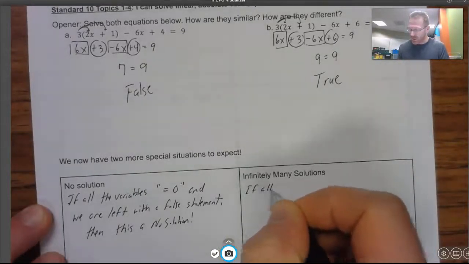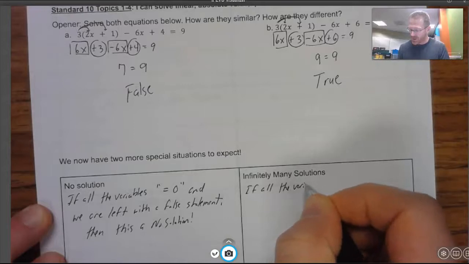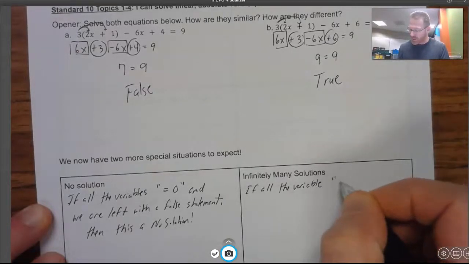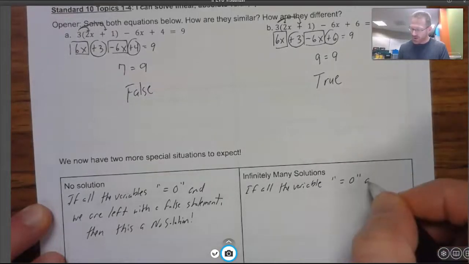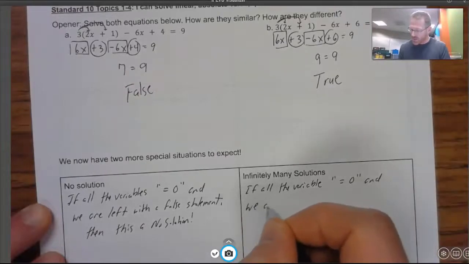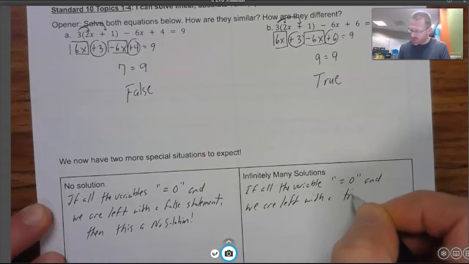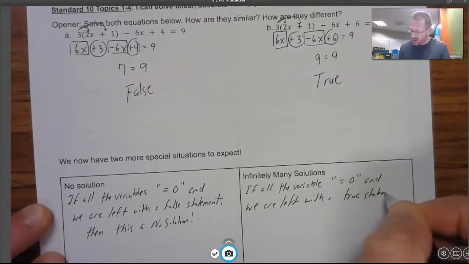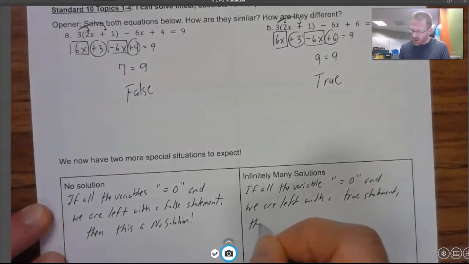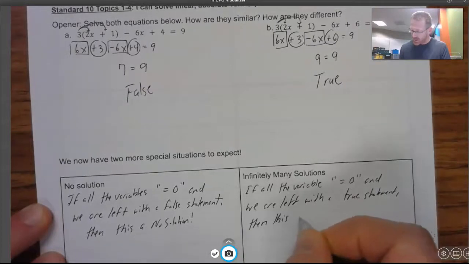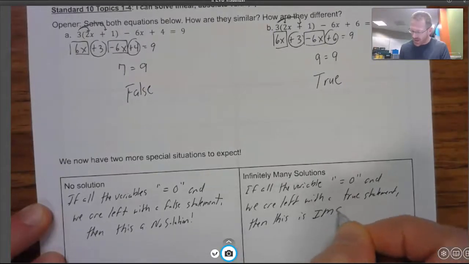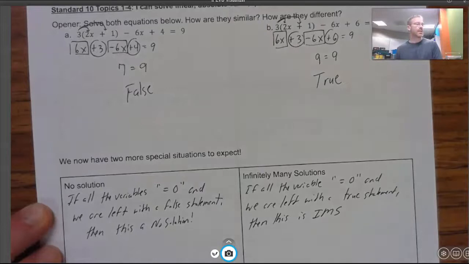So if all the variables, whatever variables we have in the problem, equal 0, and we are left with a true statement, then we're going to say IMS, infinitely many solutions. So no solution, infinitely many solutions.